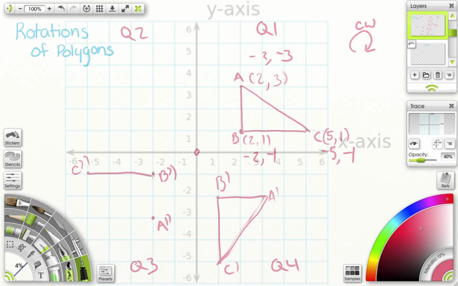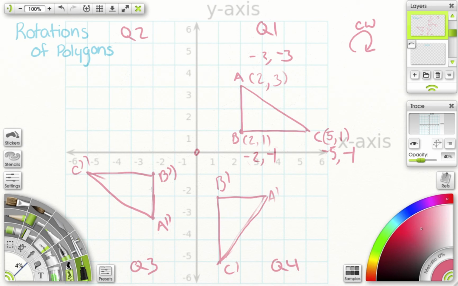And then connect the dots, and it should look like an upside down image of your original. Obviously it doesn't because I can't draw a triangle very well, but the points are correct. There, that's better. So it looks like an upside down version of my original triangle.